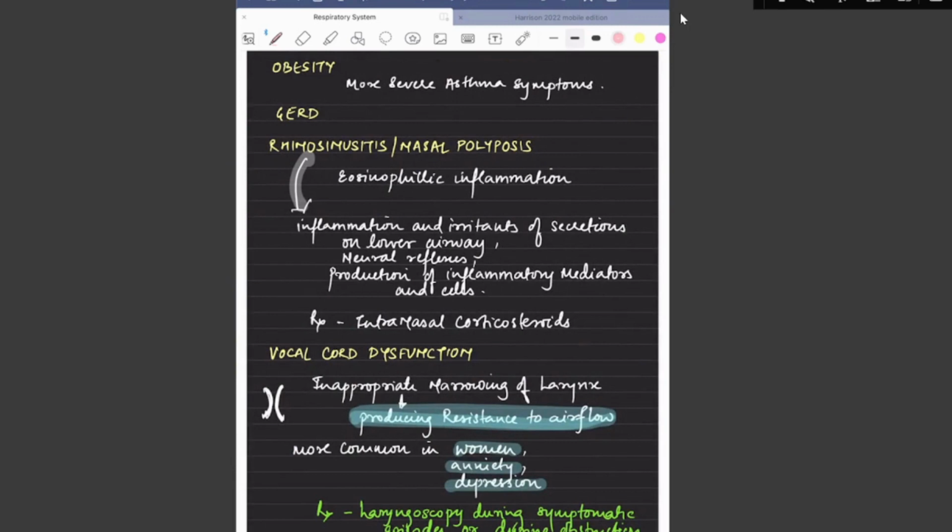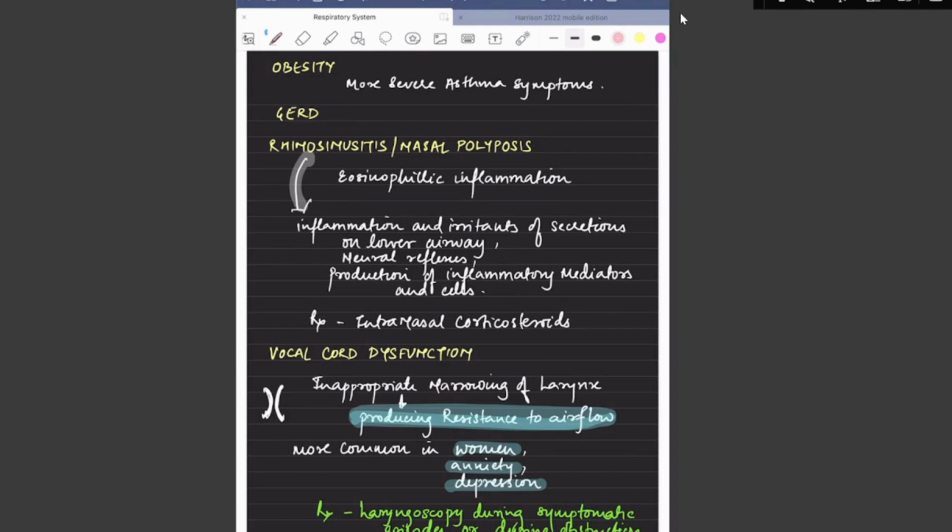Rhinosinusitis is actually an eosinophilic inflammation, and the irritants irritate the airway lining, causing release of secretions in the lower airway and production of inflammatory mediators and cells. So, the treatment is with intranasal corticosteroids.